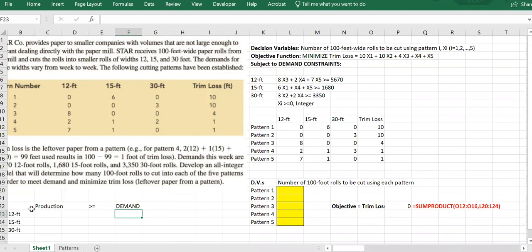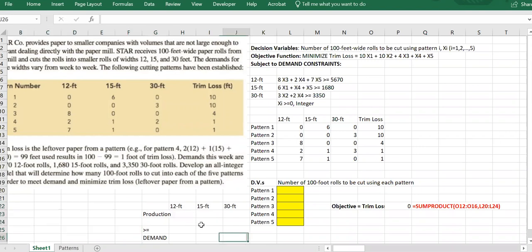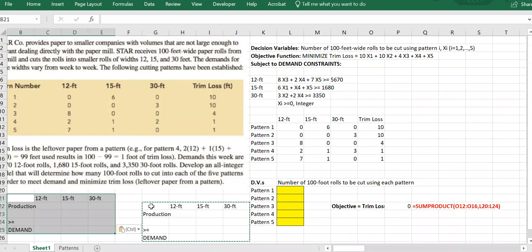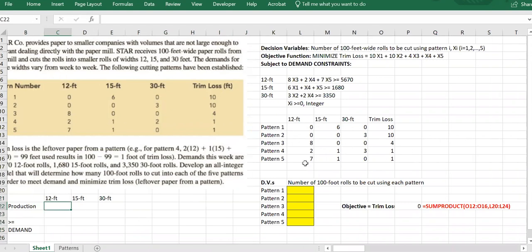It's actually better if I do it the other way around. So I just Control C, put it here, transpose, and get rid of this. Since I put 12, 15, and 30 horizontally, it's probably better to write them horizontally. That way I can, again, use the sum product function.